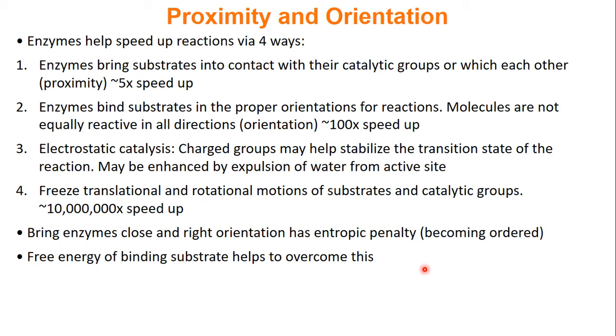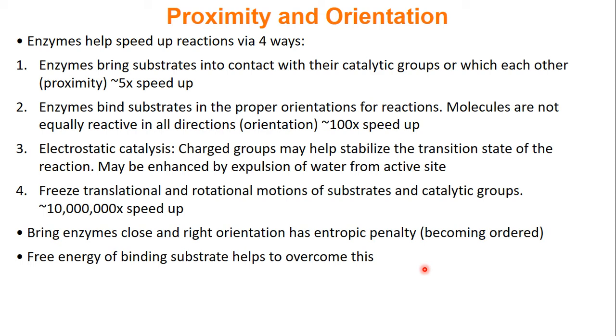And if you're ordered, you are taking a huge hit in entropy. So here, delta S is negative, which isn't good. To make up for that, delta H has to be negative, because remember, for a spontaneous process to happen, delta G has to be negative.